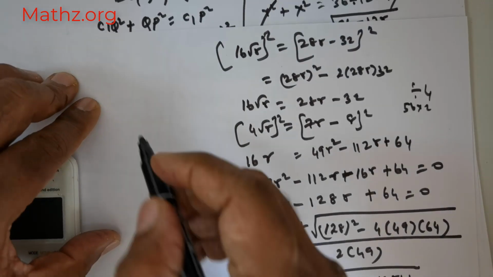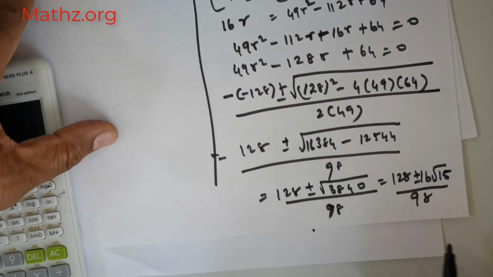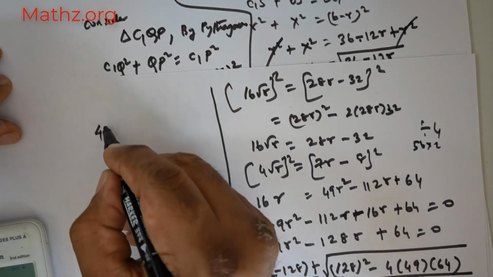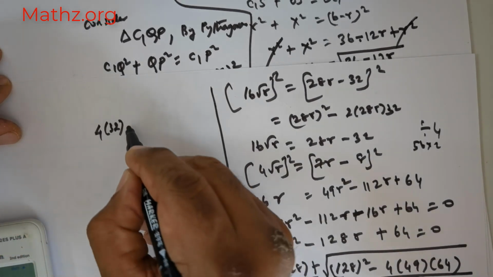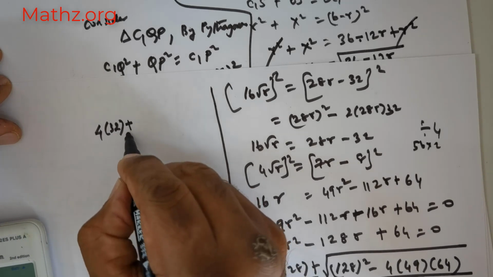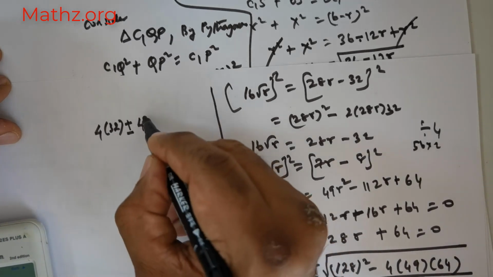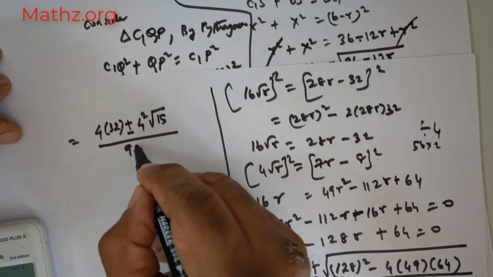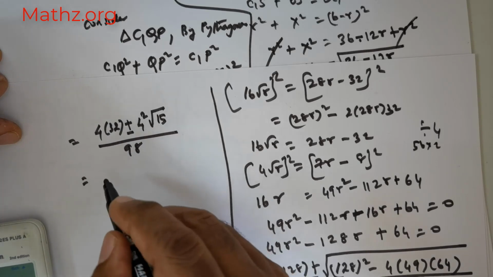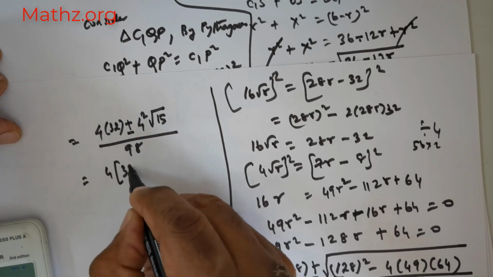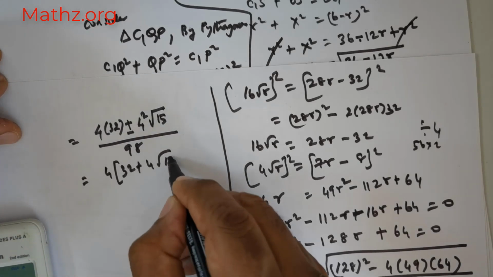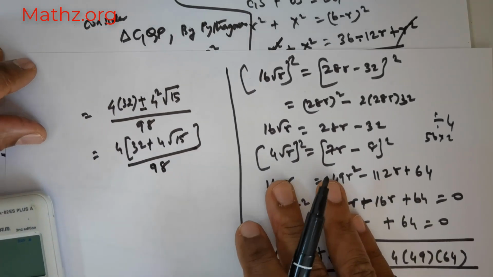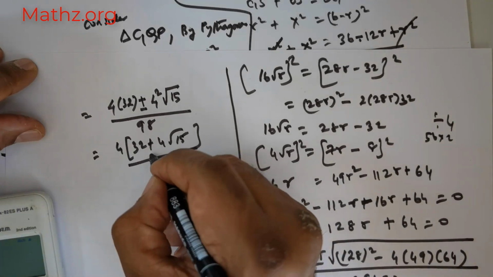I can rewrite this value as 4 times 32 plus or minus 4 times root 15 divided by 98. So I can take 4 out. I would get 32 plus 4 into root 15 divided by 98. That's the utmost I can get.